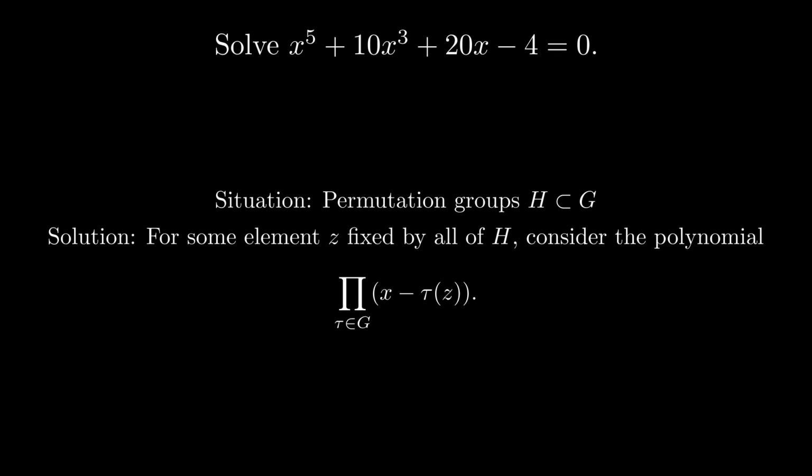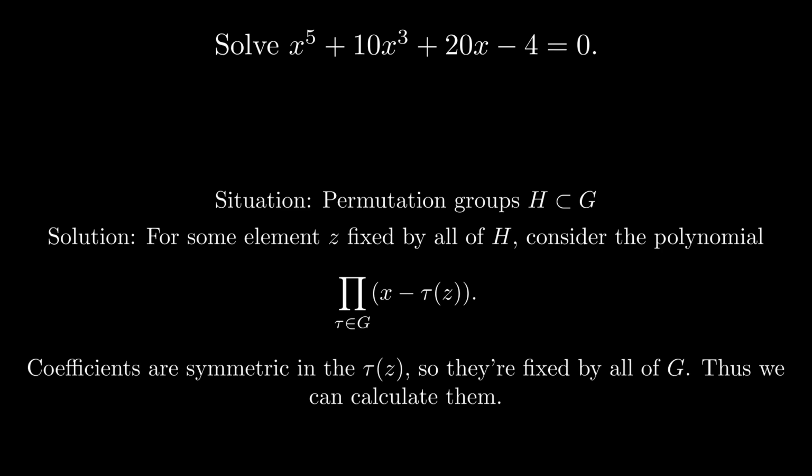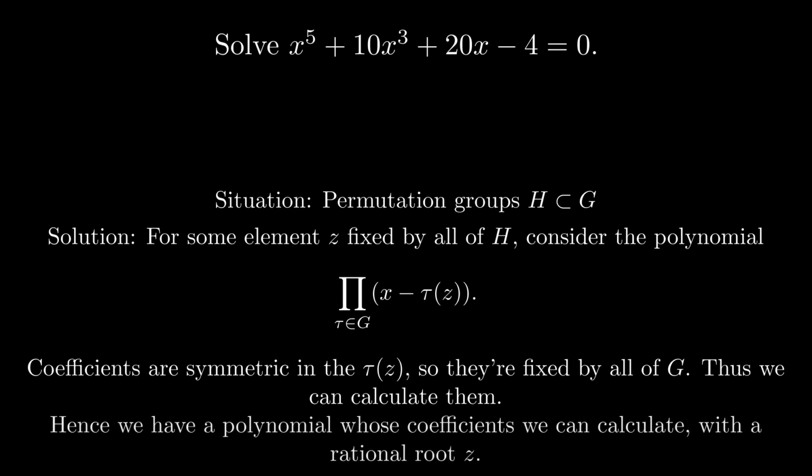We won't always get Z back, since Z is only fixed by H. But if we expand out the polynomial, the coefficients should actually be fixed under all of G, since they're symmetric sums of all the G applications of Z. So applying anything of G to any of them just permutes the summands and changes nothing. But we said we had perfect knowledge of everything fixed under G, so we can write down the coefficients to our heart's content and get a polynomial for which Z is a root.